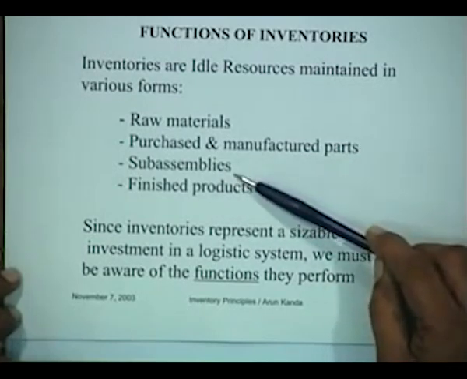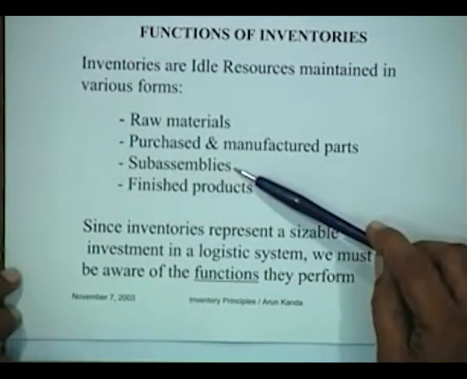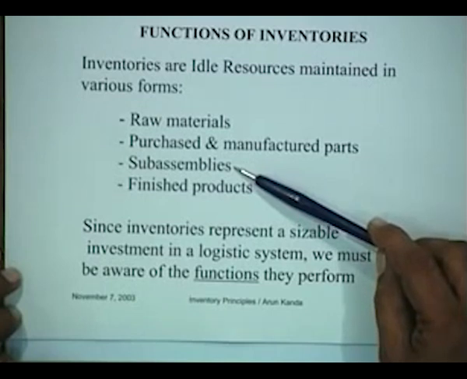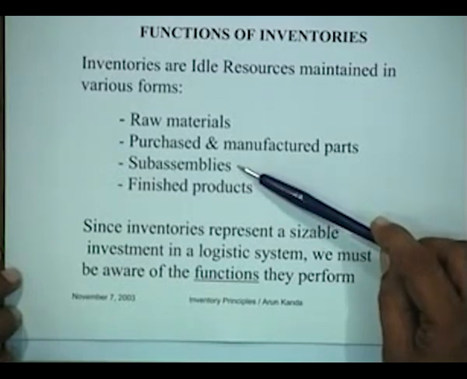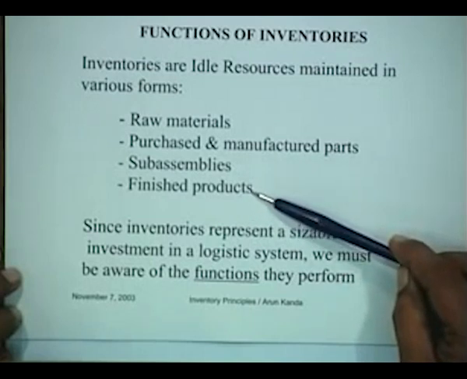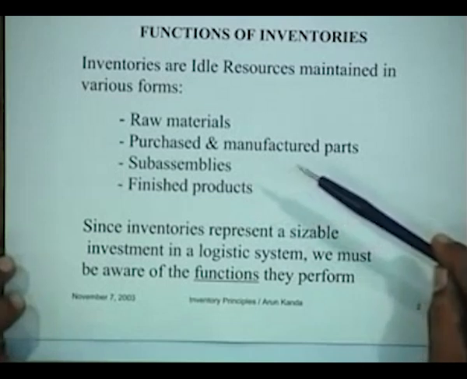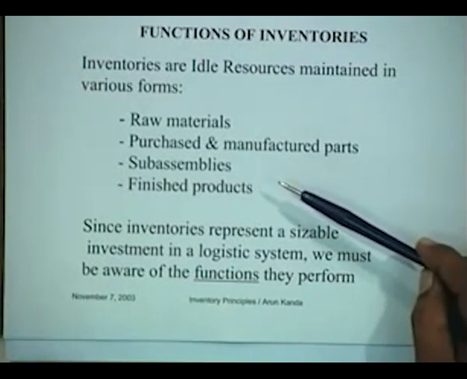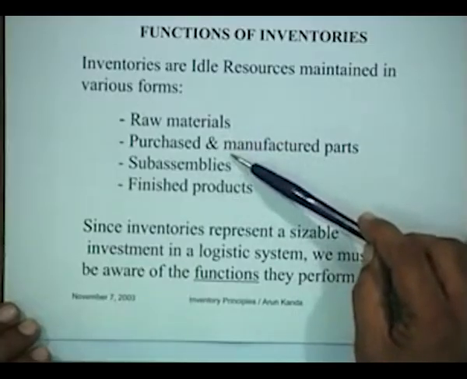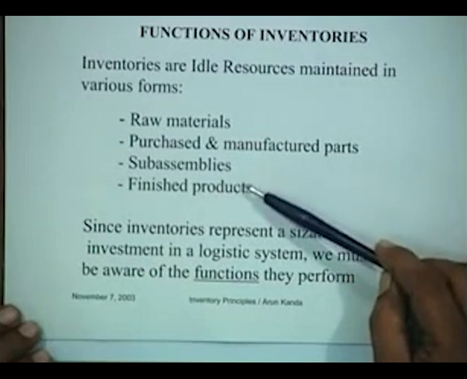Then as you proceed along the manufacturing process, you find that there are sub-assemblies, and these sub-assemblies are also nothing but work in progress inventory. And finally, when you talk about the finished products, those also are inventories. So what it really shows is that the presence of inventories is there at every stage of the manufacturing, starting from raw materials to purchased parts to sub-assemblies to finished products.